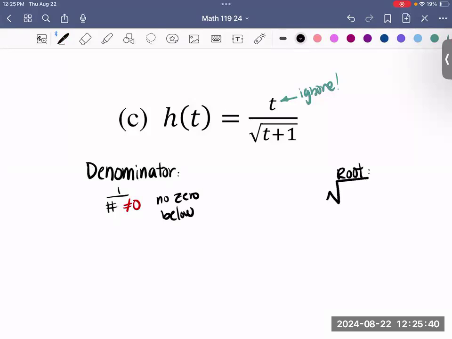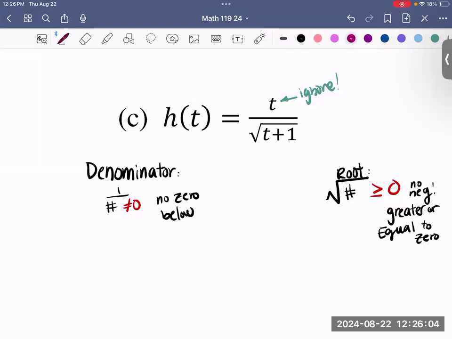So the square root, whatever is underneath, what isn't allowed underneath the square root? No negatives, greater than or equal to 0.